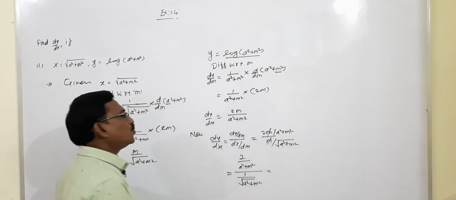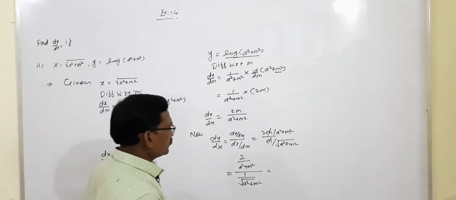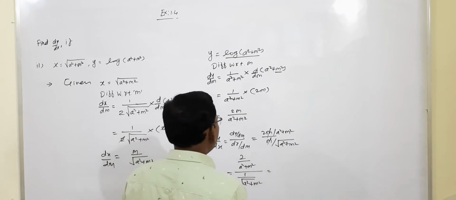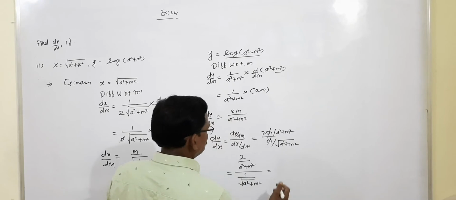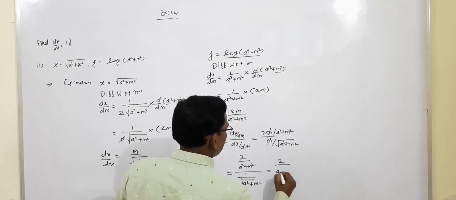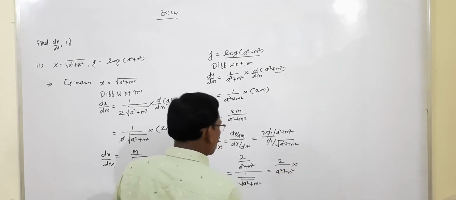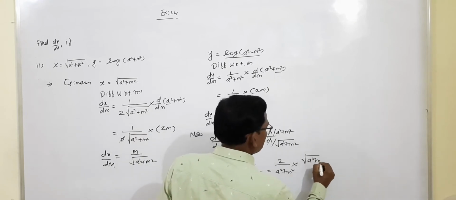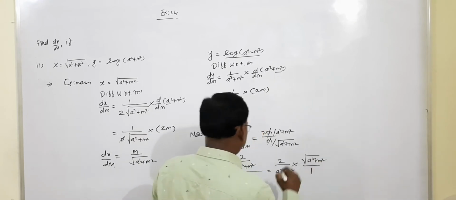It is equal to, we take its reciprocal, 2 by a square plus m square into root of a square plus m square by 1.